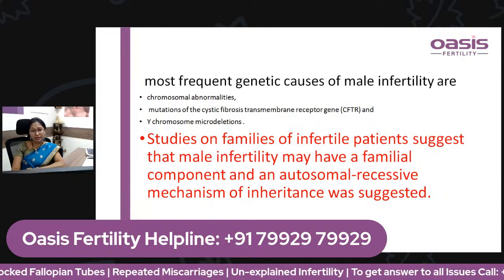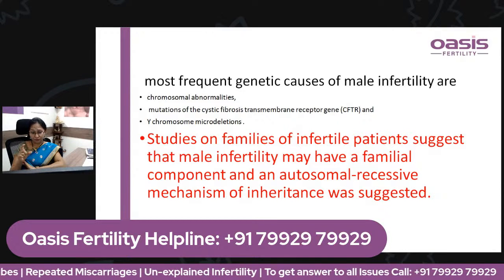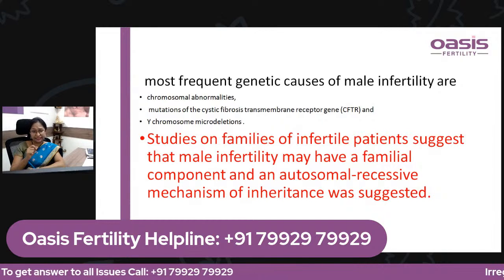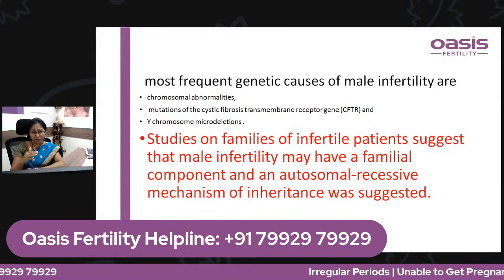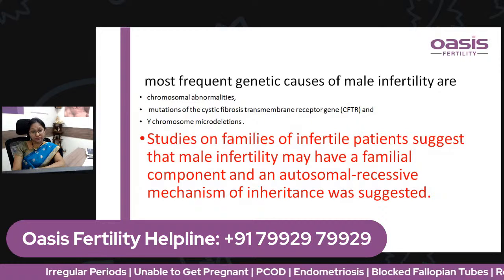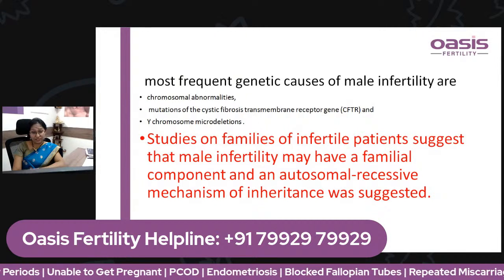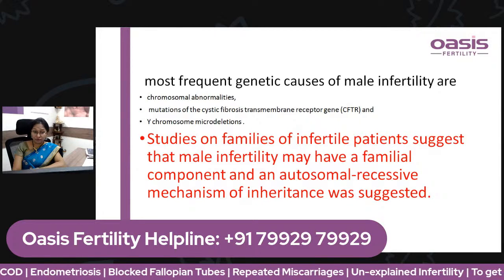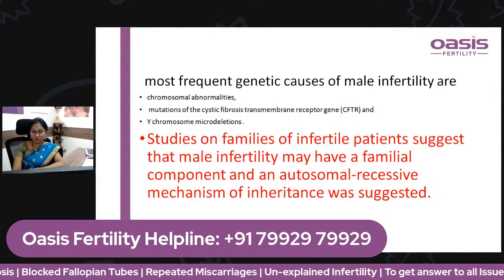The Y chromosome is mainly related to male persons, so any deletions in the Y chromosome may affect even the progeny. Studies on the families of infertile patients suggest that male infertility may have a familial component, and an autosomal recessive mechanism of inheritance was suggested.